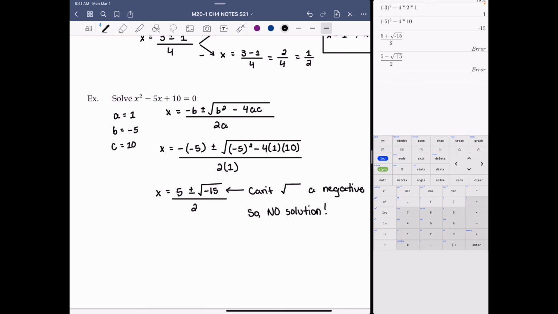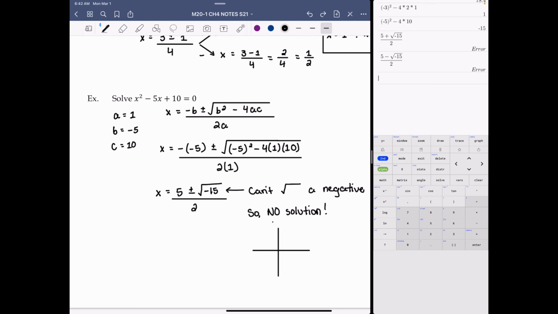What does it mean there's no solution? Well, that means there's no x-intercept. And we saw what that looked like at the beginning of chapter 4. So let's see here, we have a y-intercept of 10. Our c value is 10, and we know the graph opens up because a is positive.